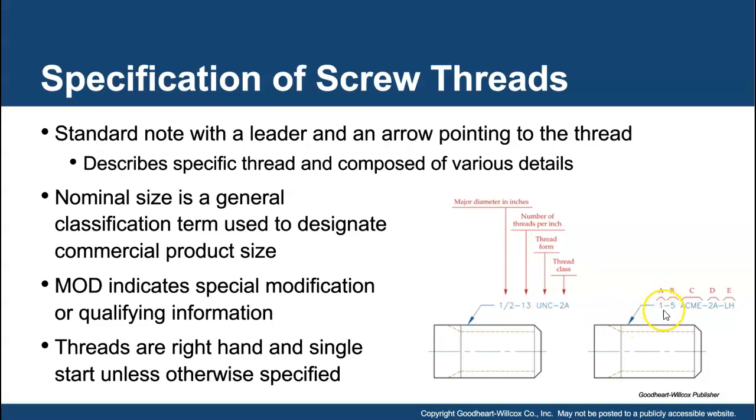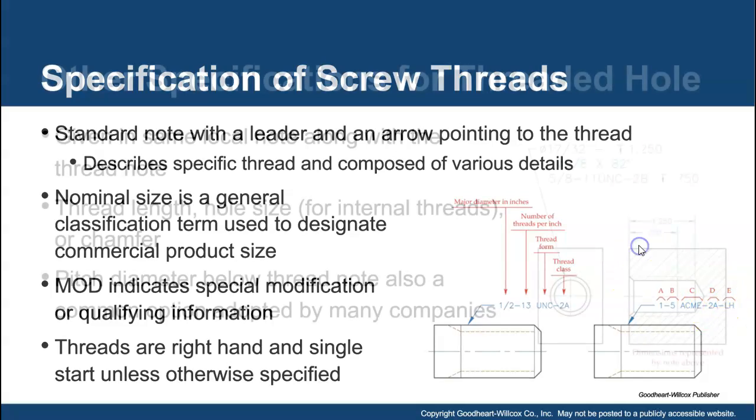Here's another example. Here is the major diameter, and this happens to be 5 threads per inch. This is an Acme thread that they want. It's a class 2A, and in this case, they are saying that this is going to be a left-hand thread. Again, you're only going to have the call out for a left-hand thread when it is a left-hand thread pattern.